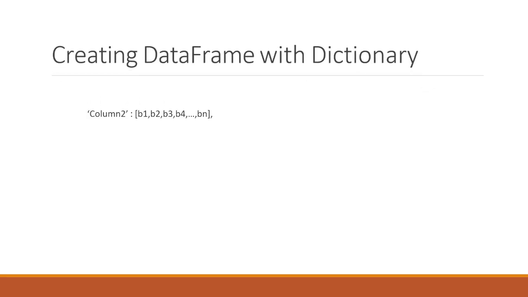Okay, so first here we have creating a data frame with a dictionary. Already we have learned about dictionary. First we are going to perform how to create a data frame from a dictionary, like how to convert your dictionary into a table form. So here you can see we have this dictionary. In a dictionary, all the data will get stored inside curly brackets. First here we have column 1: a1, a2, a3.